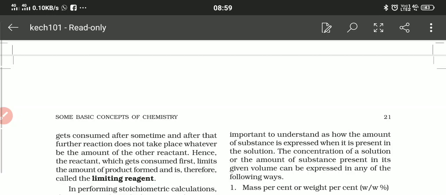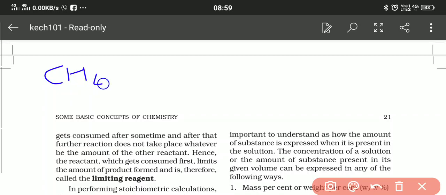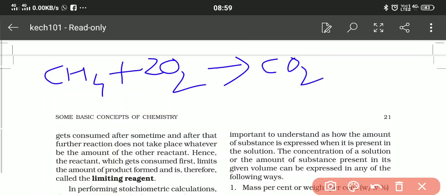For example, in the above reaction, CH4 plus 2O2 gives CO2 plus H2O. We know this equation of combustion of natural gas.